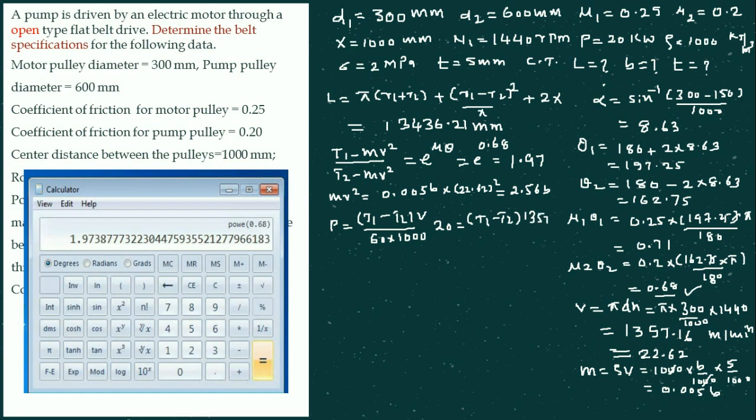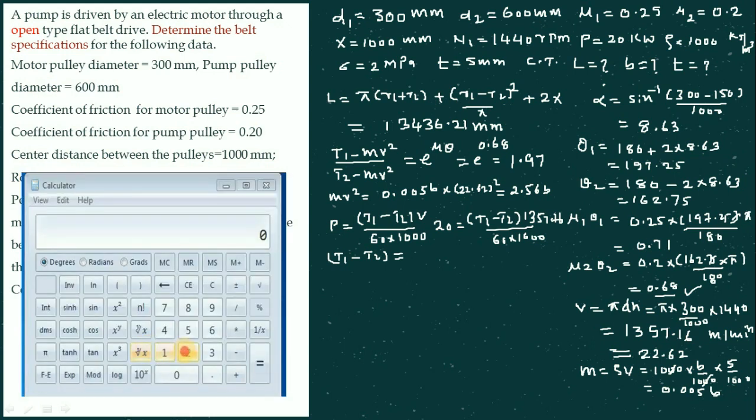So it is 1357.16 whole divided by 60 into 1000. When you solve it, T1 minus T2 is equal to 20 into 60 into 1000 divided by 1357.16.